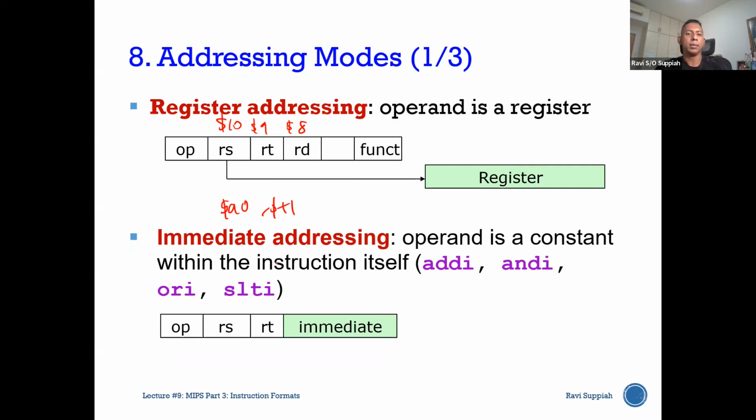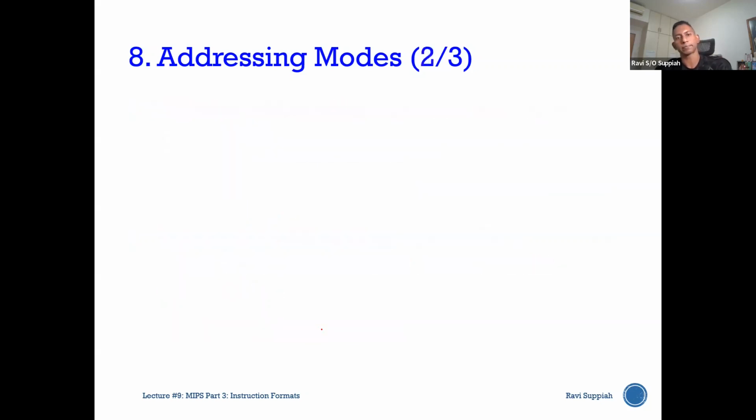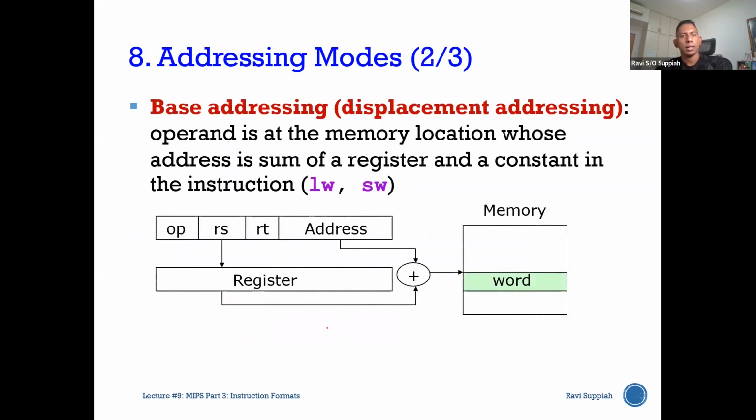Then we also saw the immediate addressing, which is where you have two registers plus an immediate value you specify. Now, in terms of using this addressing mode, there are different use cases. If I look at it in terms of load word and store word, the lower 16 bits is storing an offset of the address.